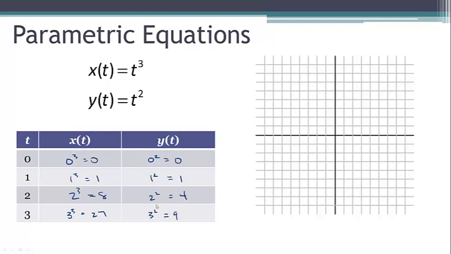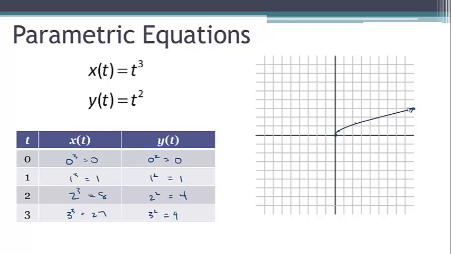So to make this fit onto the graph, I'm going to count 3 units for each grid line. And that gives us something that looks like this.